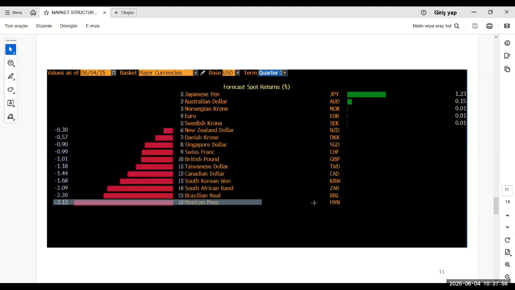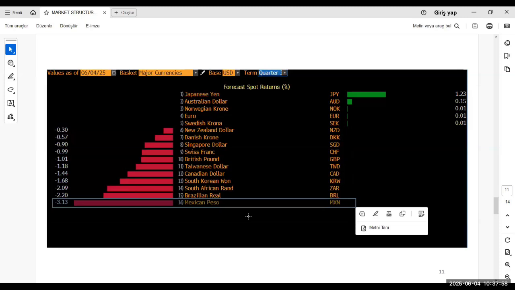The market is pricing that the Mexican peso will depreciate approximately 3% against the United States dollar for the third quarter. This is the market pricing mechanism for this value and appreciation and depreciation.